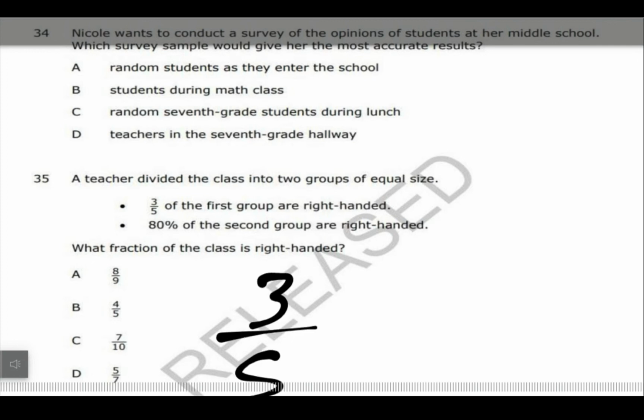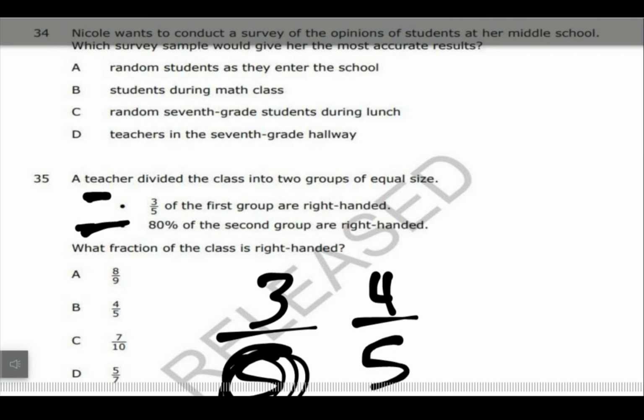And then in the second group, we had 80%. So I'd probably want to convert that. And if you think about it, I can make it into fifths here. You probably either want to convert that to a percent or convert that to a fraction. Since I want a common denominator here, 80% is actually 4 out of 5, because 4 out of 5 is 80%.